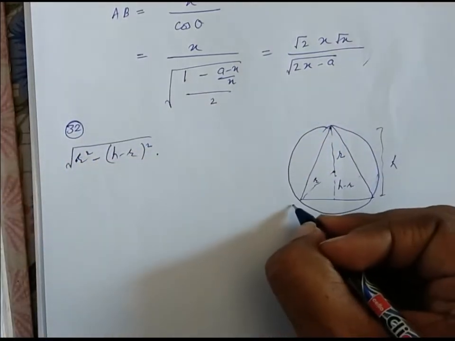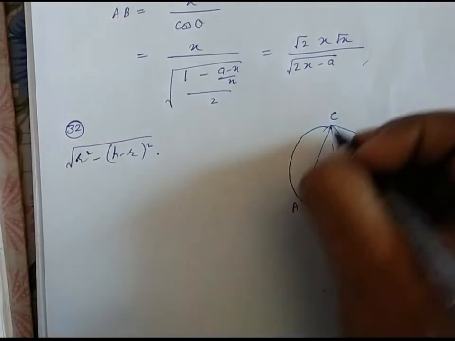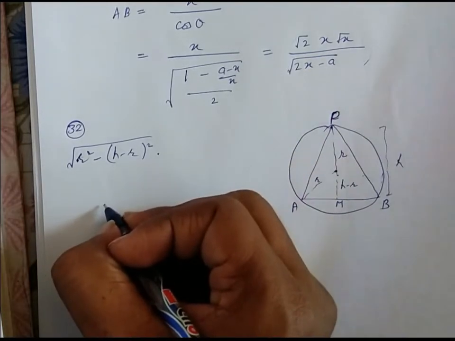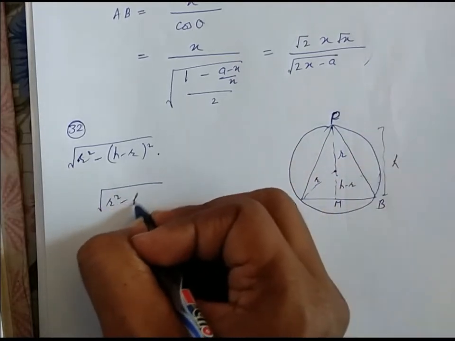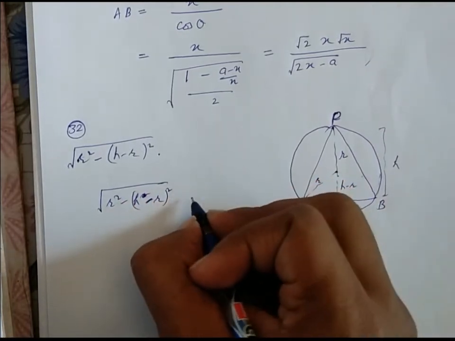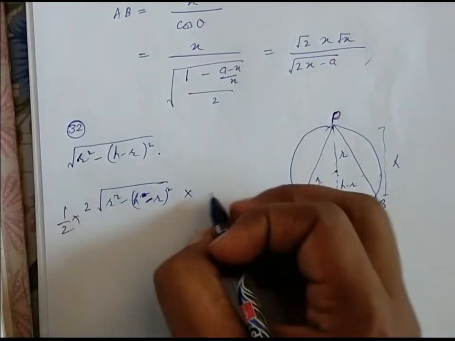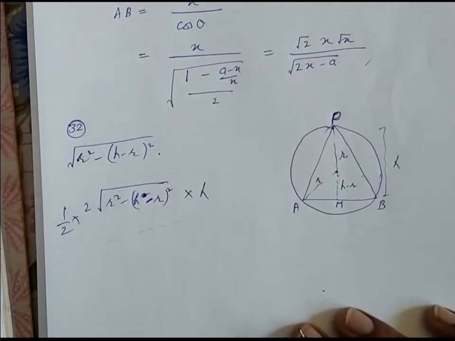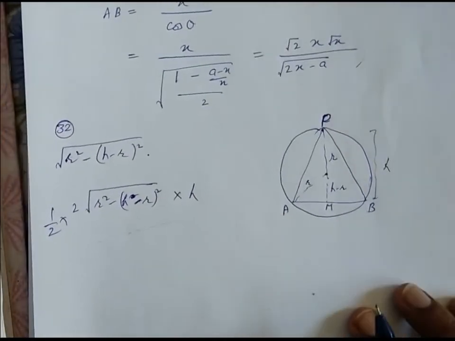So this is the length of AM. So the area of triangle ABP would be half into base into height, where the height is H. So we can maximize this, and which would give us the value of H in terms of R.